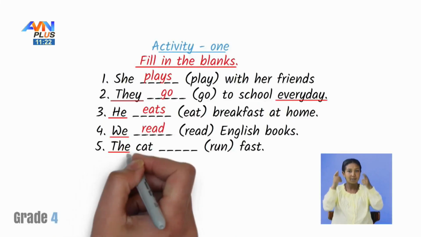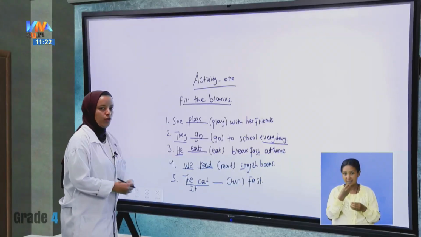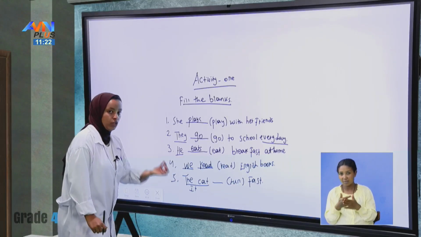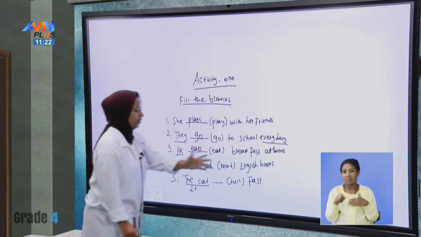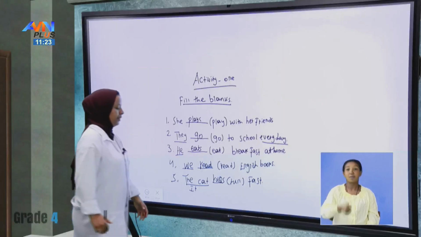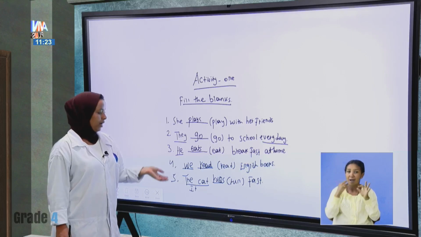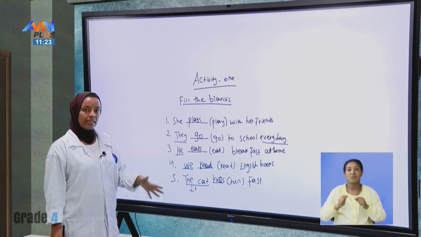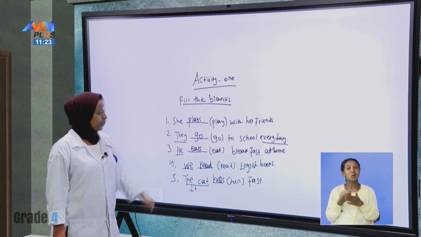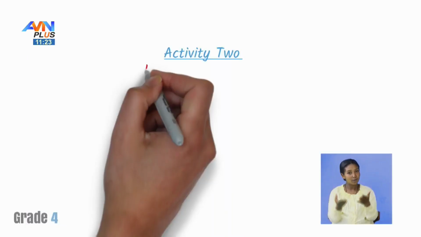Here is a cat, also an it pronoun, so here is a singular subject. Let us take run and add s to the main verb. So let us read it. The cat runs fast.